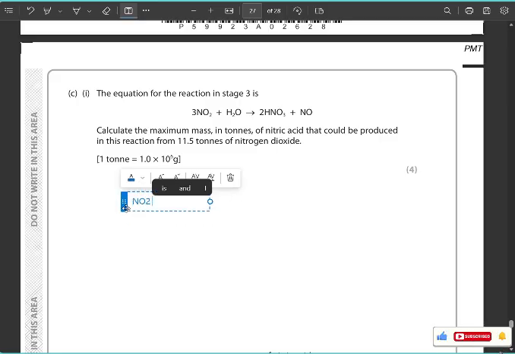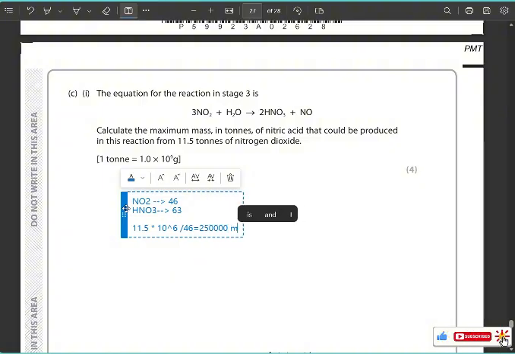The molar mass of nitrogen dioxide equals 46, while the molar mass of nitric acid equals 63. Then we convert the tons into grams and divide by 46, the molar mass of nitrogen dioxide.